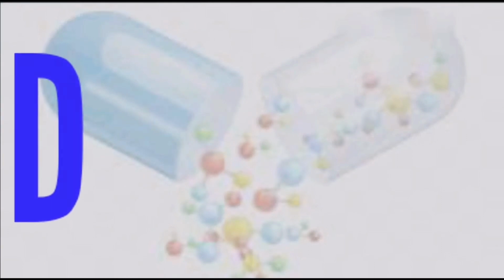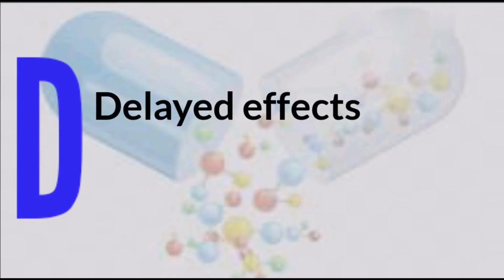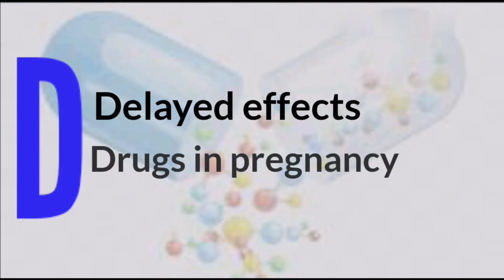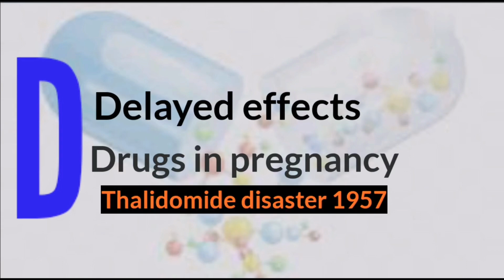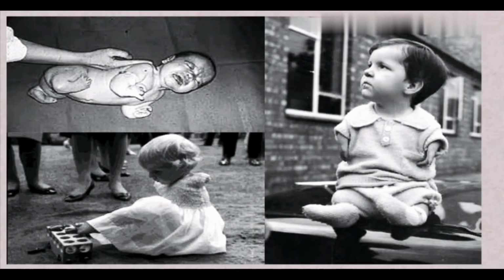Type D is for delayed effects that appear after months or years of drug use. And the nearest example to mind is drugs in pregnancy. In 1957, pregnant women who used thalidomide, after months of use, got babies with permanent birth defects.